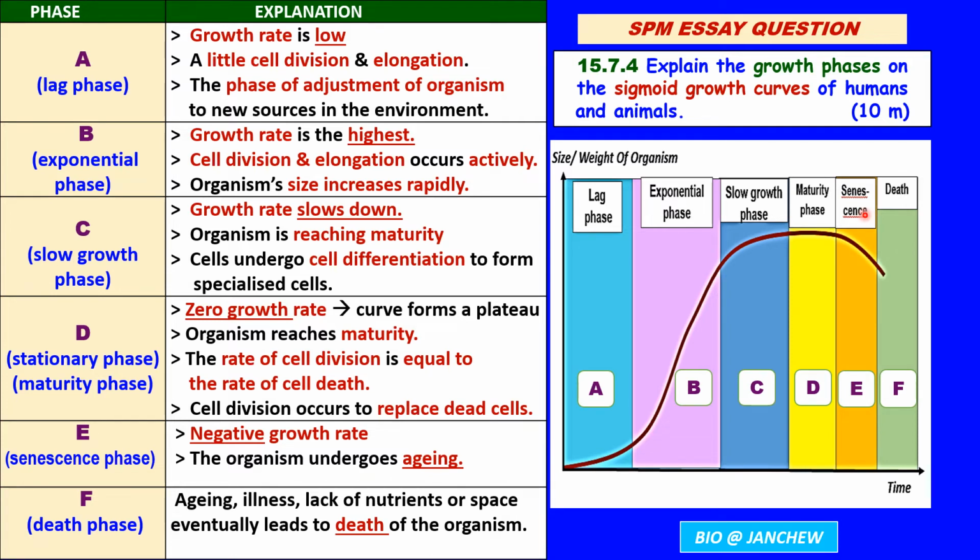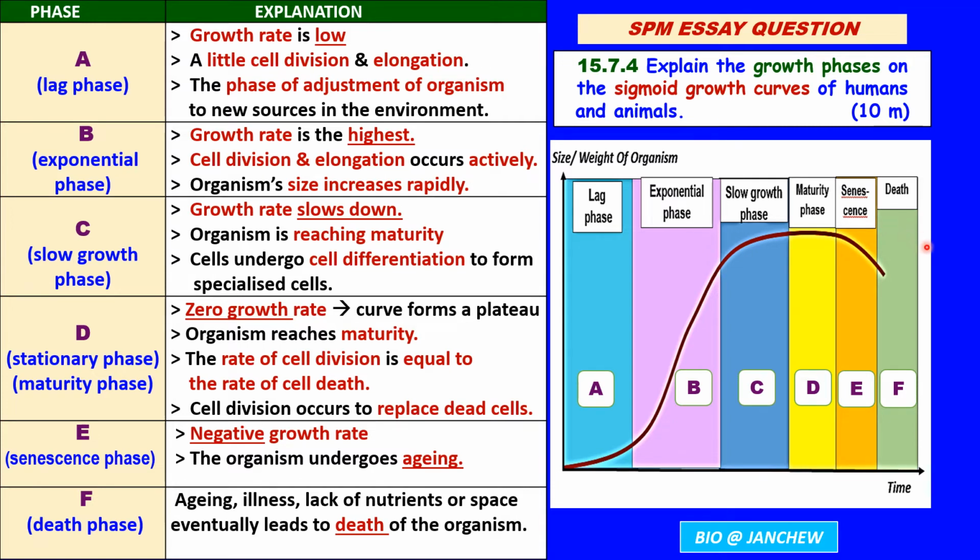Because now the curve is slanting this way, from left down to the right. So the organism undergoes aging. It's growing older and older, and there is maybe loss of muscle mass, and maybe the height may shrink a bit, right? As you can observe in old people.